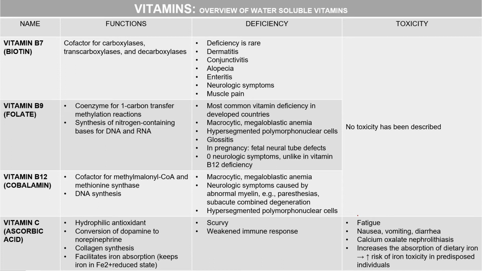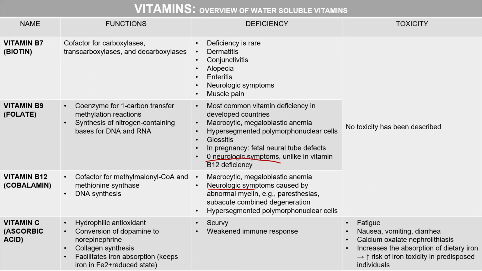But what you need to know is that in vitamin B9 deficiency, you do not have any neurological symptoms, whereas in vitamin B12 deficiency, you have neurological symptoms. And this is very high yield. So if you have a patient that has megaloblastic anemia, which is caused either by B9 deficiency or B12 deficiency, you need to look at him and think whether he has any neurological symptoms.